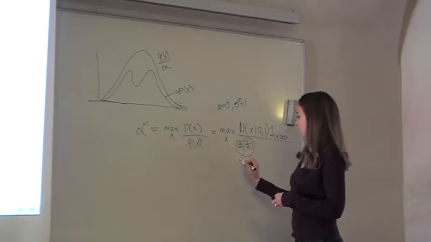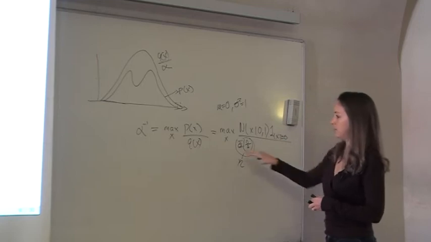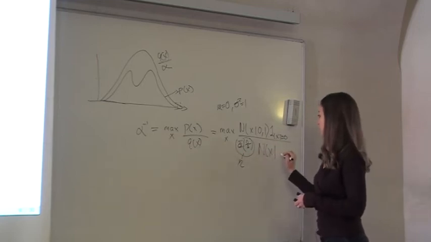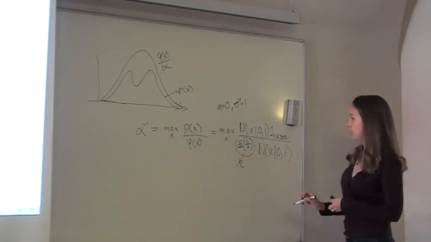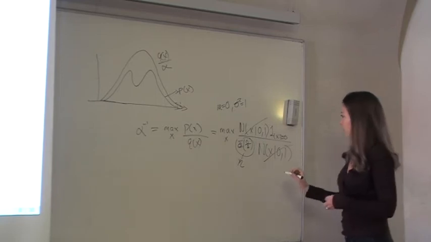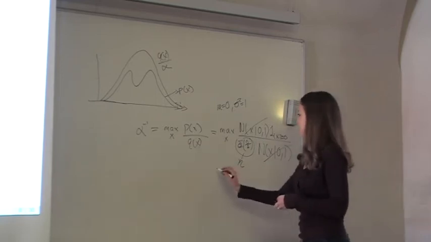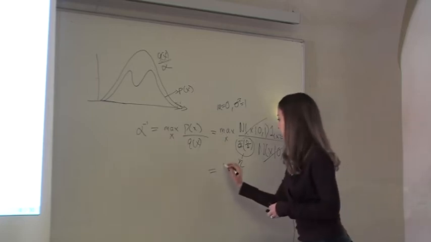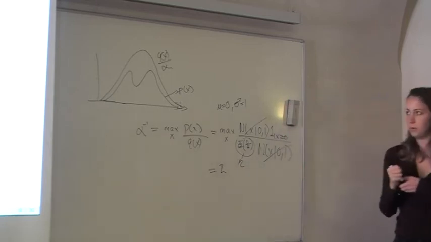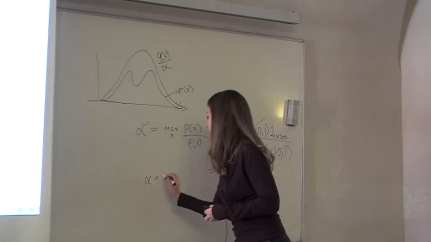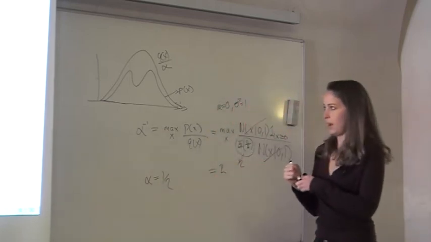This is 1/2. And this is divided by our proposal, which is normal of x given 0, 1. So in this case, you'll see that these cancel out, and we get that alpha inverse is 2. So our acceptance probability in this case is 1/2.